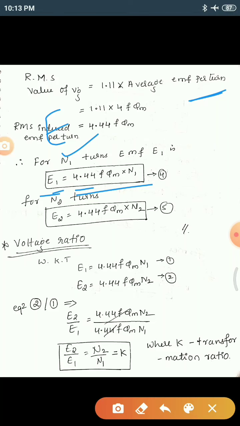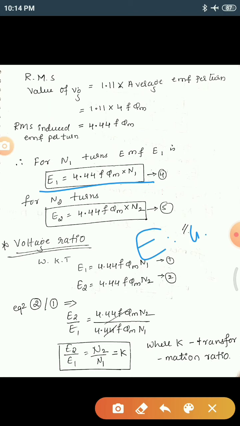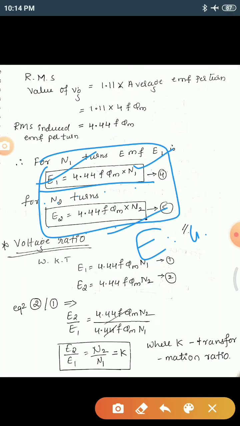For N2 turns, E2 will be equal to 4.44 fφm into N2. Therefore, the EMF equations of the transformer are E equal to 4.44 fφm into N. On the primary side, E1 equals 4.44 fφm N1, and E2 equals 4.44 fφm N2. These two are your EMF equations of the transformer.